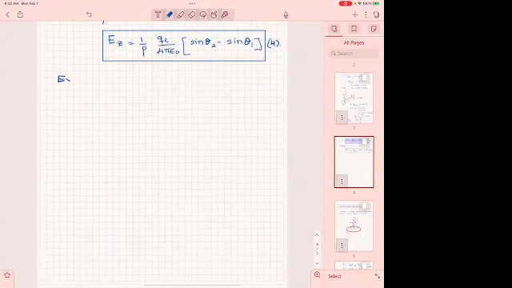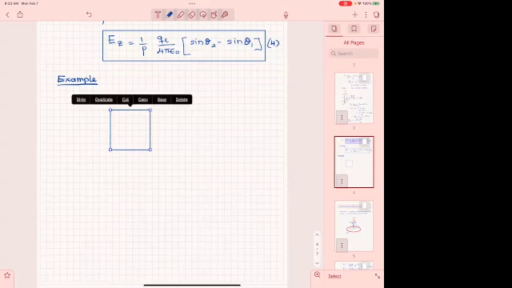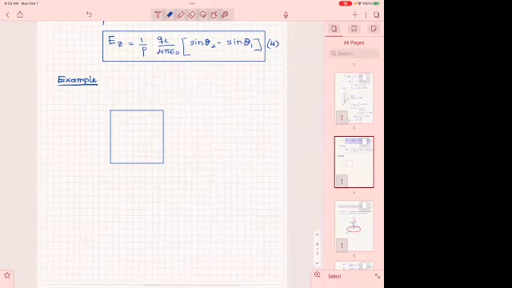So let's do an example here. Let's assume that I have a rectangle. Let's make it a little bigger. Okay, I have that.